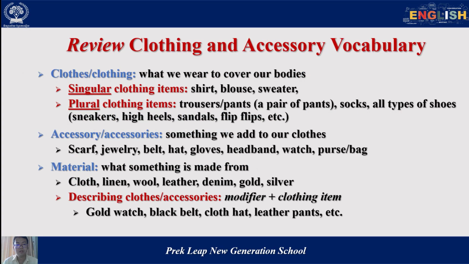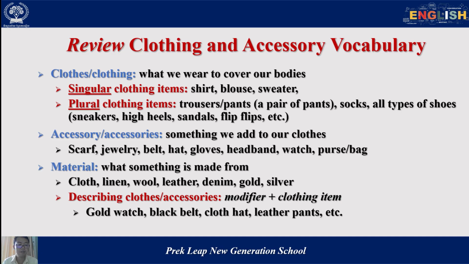By the way, what did you study with Sam last week? Yeah, it's about clothing and accessory vocabulary. So clothes or clothing refer to something we wear to cover our body, such as shirt, blouse, trousers, pants.